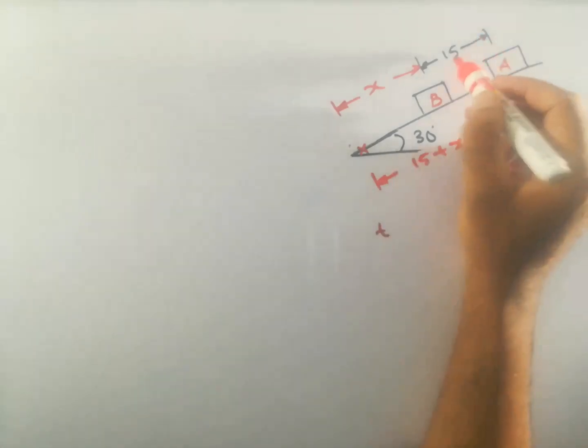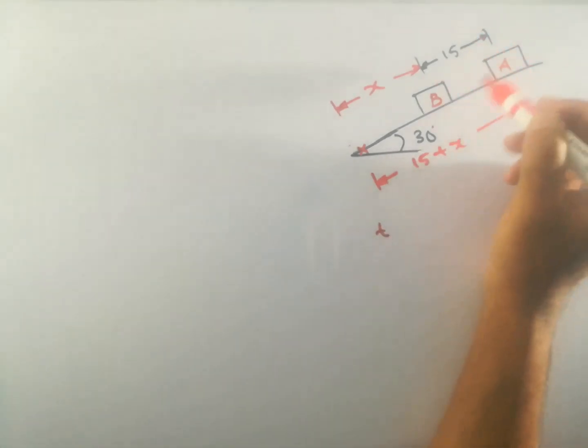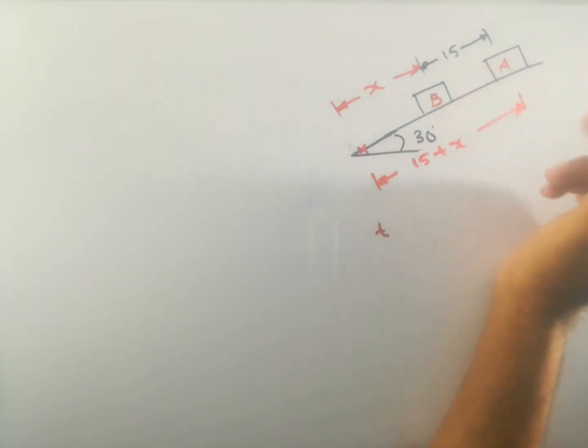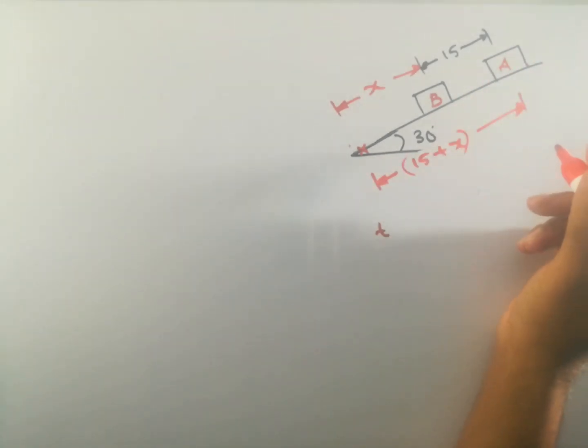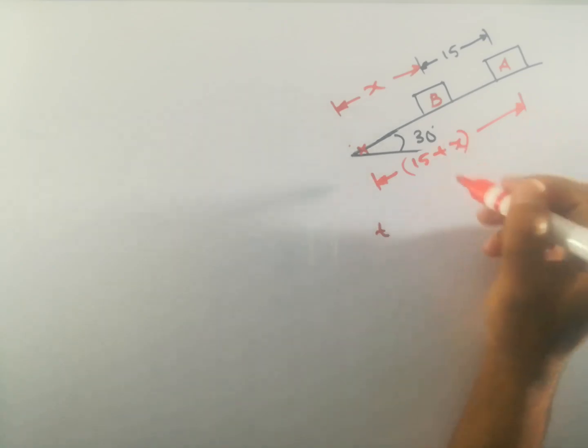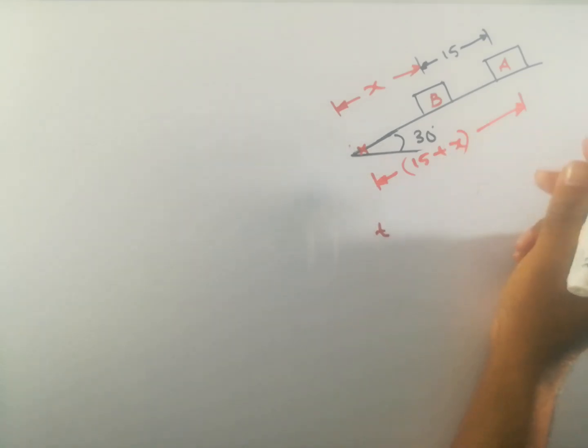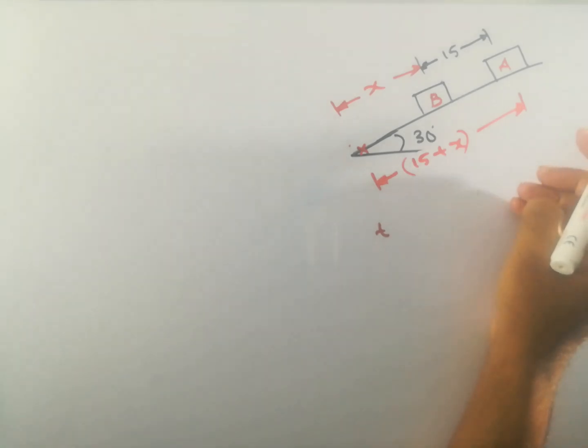Because initially there was a distance of 15 meters between A and B. So totally A will travel a distance of 15 plus x in a time of t seconds. So that is the clue.